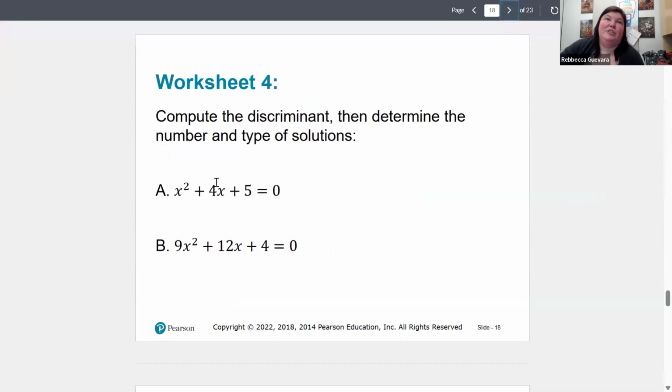Now take a moment here and just determine how many solutions we would have and the type of solution from A and B.